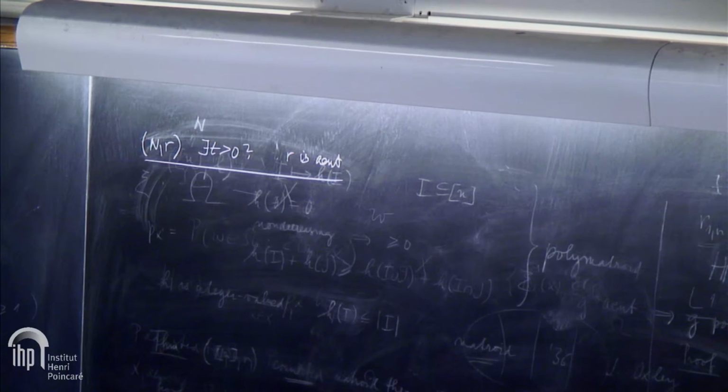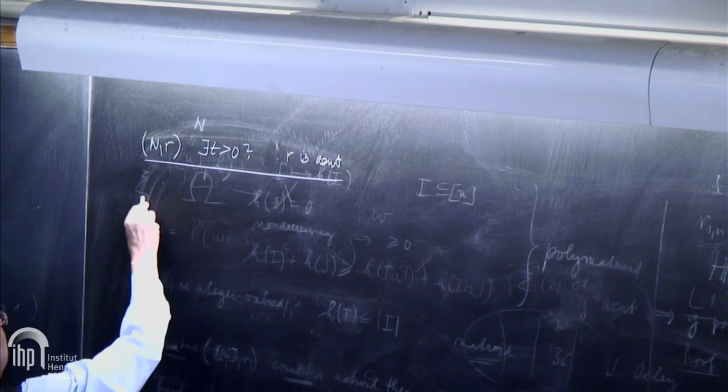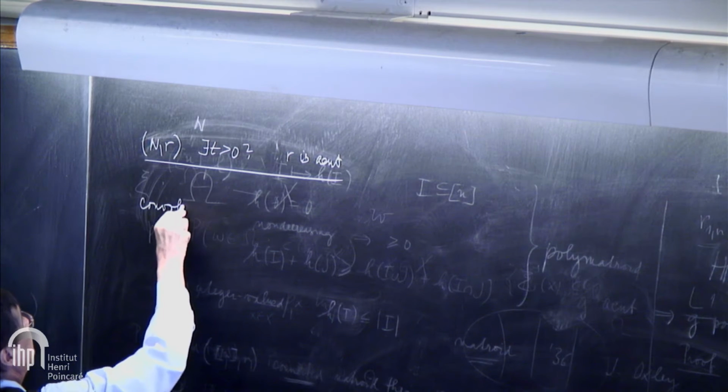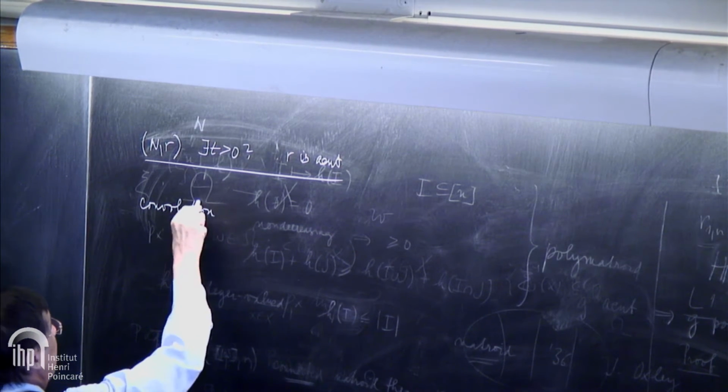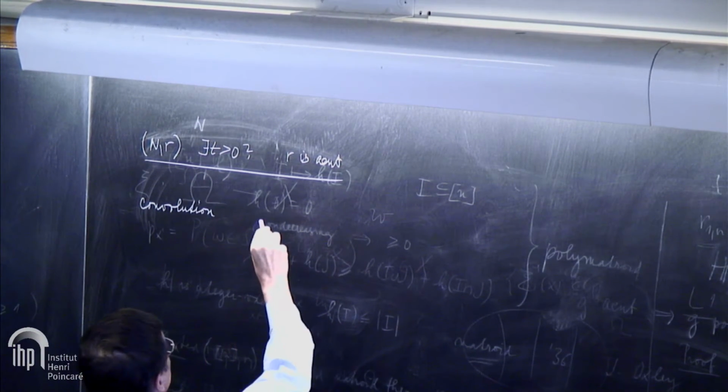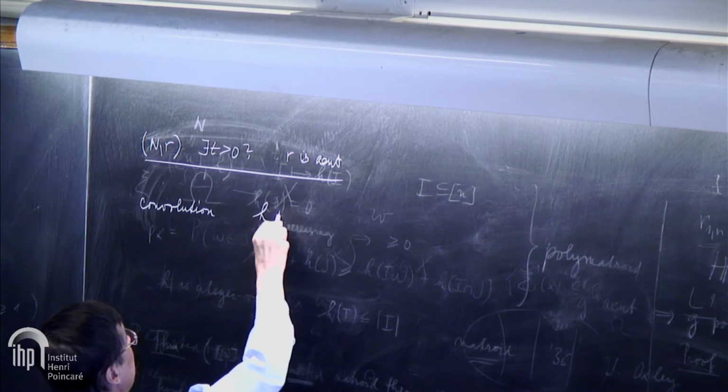And this will be the topic for the remaining part of the lecture. So we want to understand such matroids. And a good tool for that, and also for the study of the entropy region and its closure, is the convolution. Convolution is a binary operation on polymatroids. So I have two polymatroids.